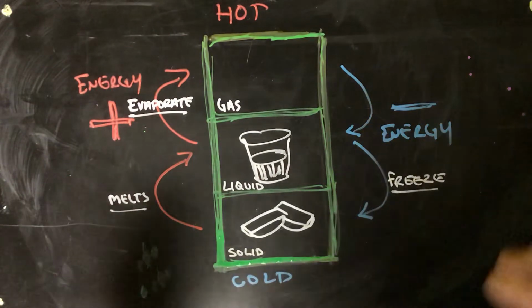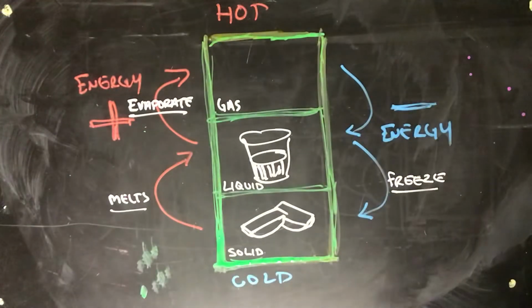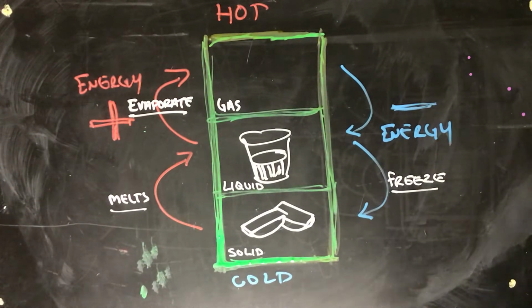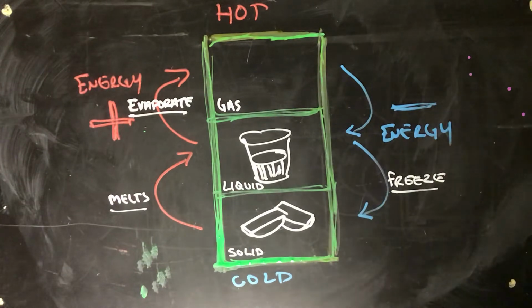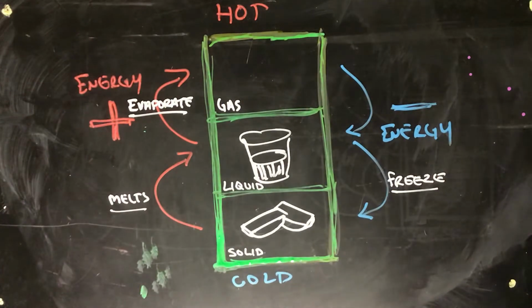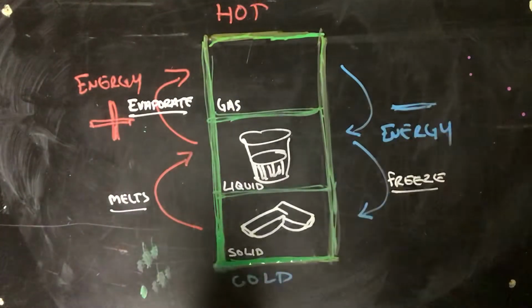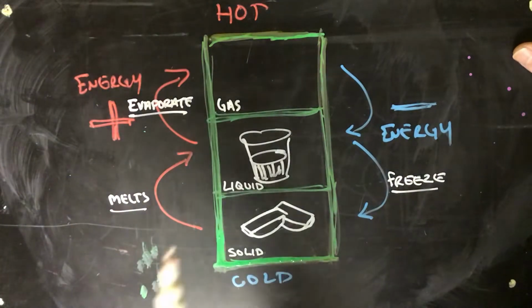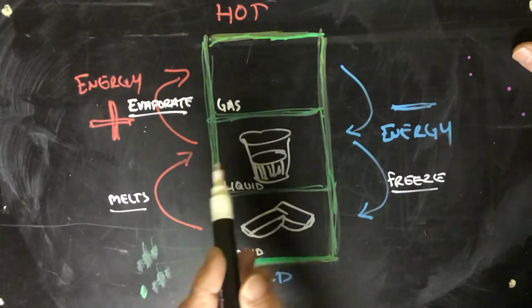Okay, so when you get into talking about clouds and whether clouds are a gas or a liquid, the droplets that make up a cloud are a liquid. All right, so vapor, water vapor, and gas, the gaseous state of water, are invisible. So we'll talk about why we can see clouds in a little bit, but right now I want you to just know that the gaseous state of water is invisible.